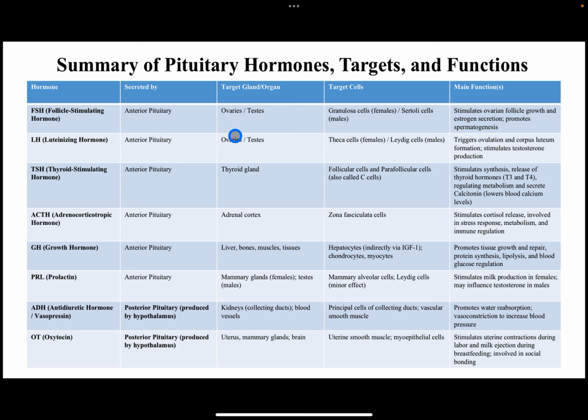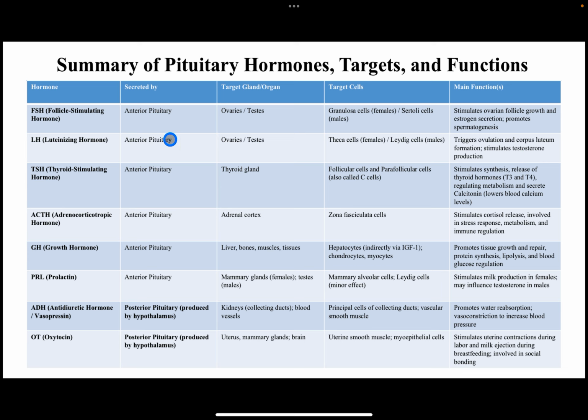Now in females, when it targets the theca cells, it triggers ovulation and corpus luteum formation. In males, when it targets the testes and specifically the Leydig cells, it stimulates testosterone production.